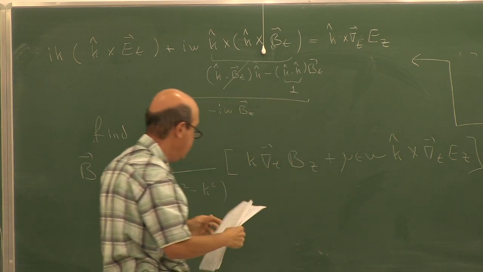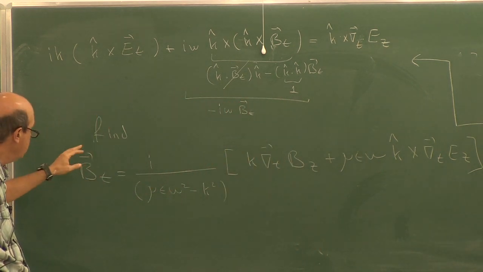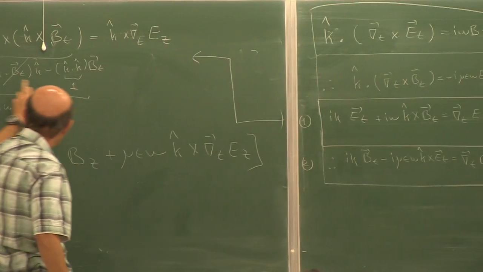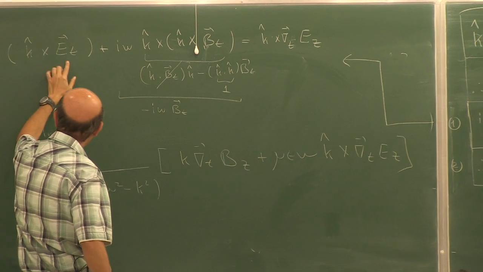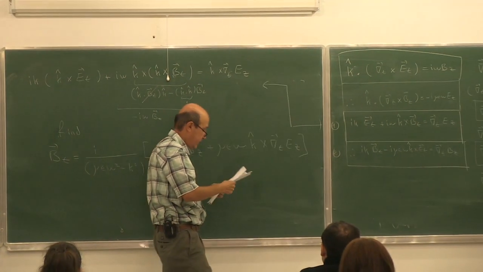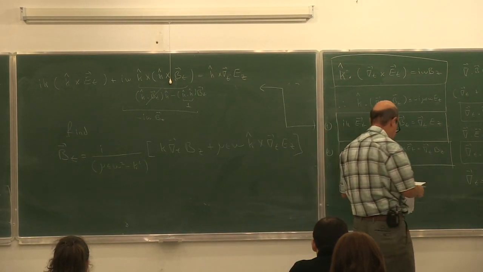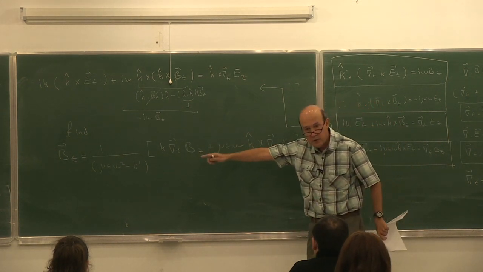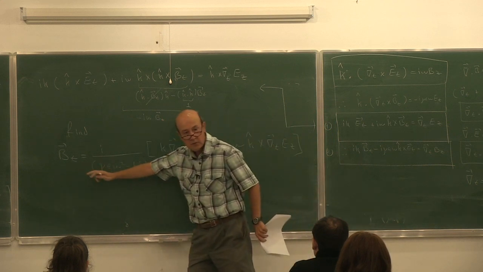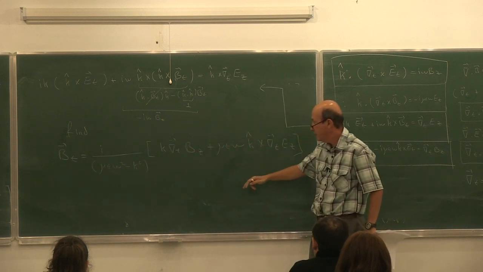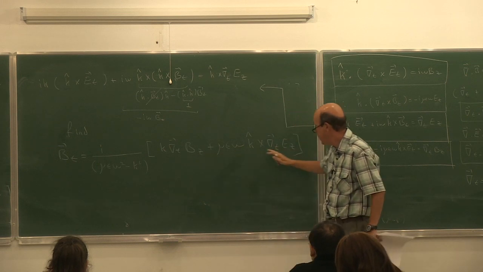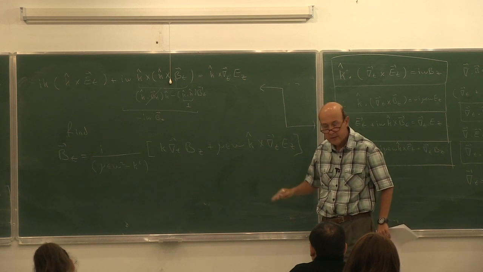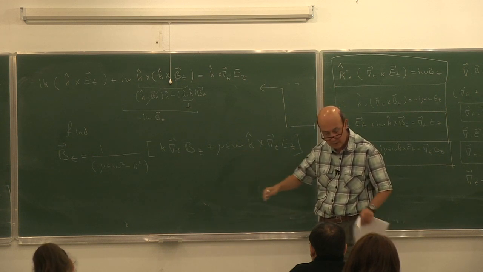So this will be the end of today. Use these two equations. You have B transverse, eliminate the k cross E transverse and find that result. What result is this? B transverse could be written in terms of Bz and Ez. Once you know Bz or Ez, you can calculate B transverse.